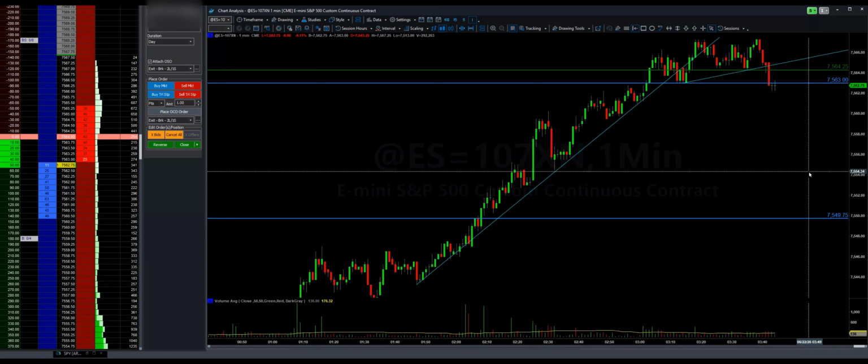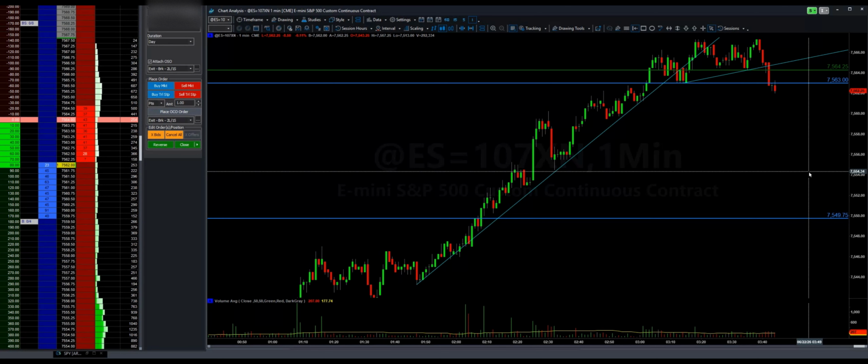So we only have Dow Jones showing some weakness. But as long as the price is below the 75.63, that's a great indicator for us, for this trade. So we should hit the target any moment.